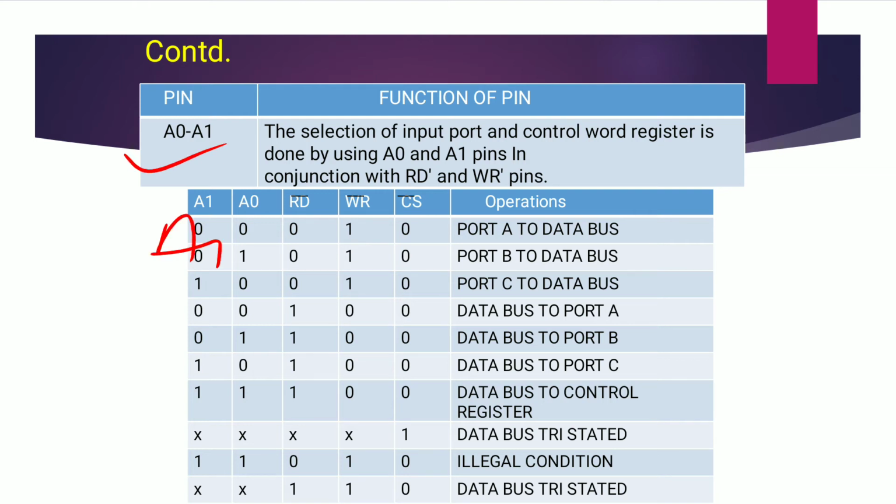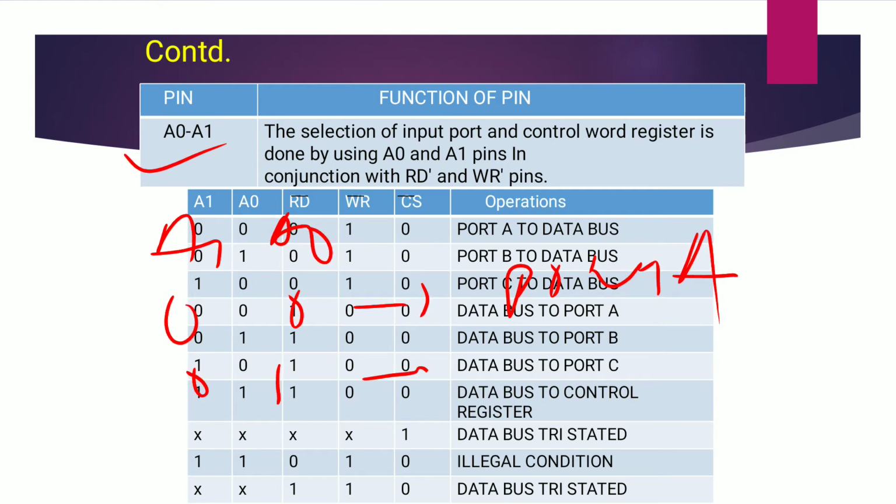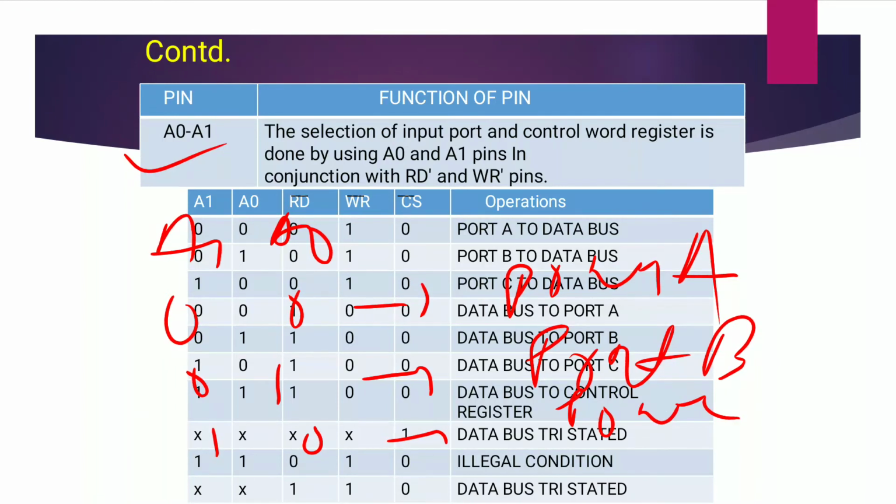If A1, A0 is set to 00, then the operation is on port A. If it is 01, then port B. If 10, then it is port C. 11, then control word. This is the function of A0 and A1.